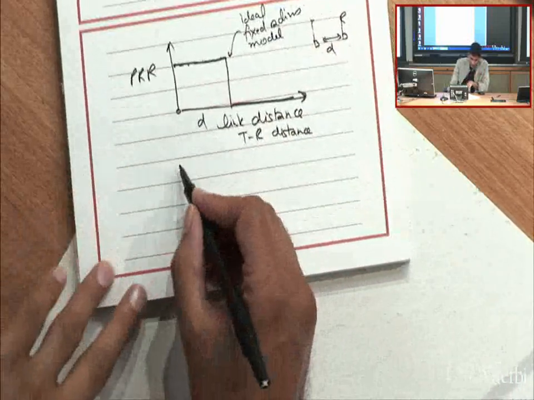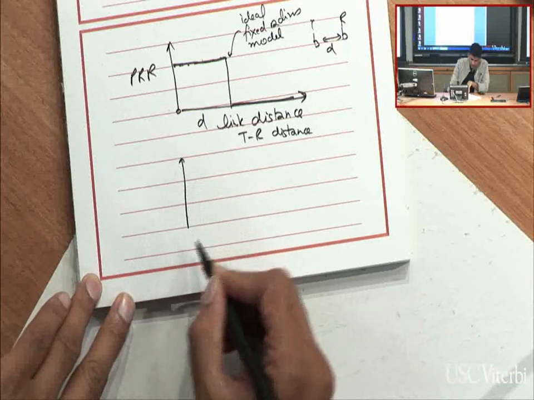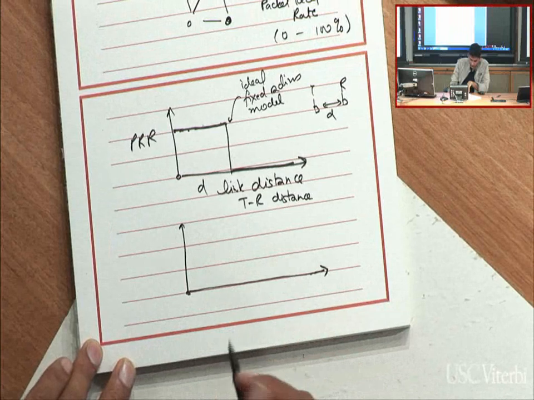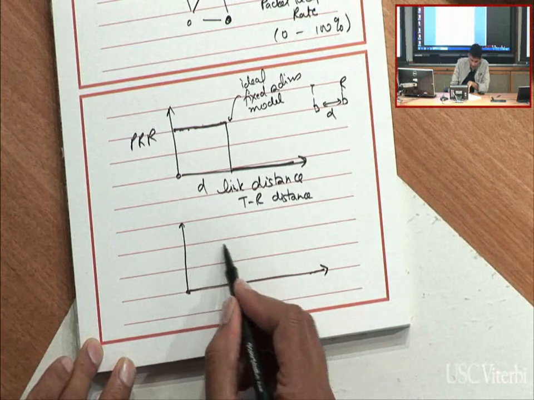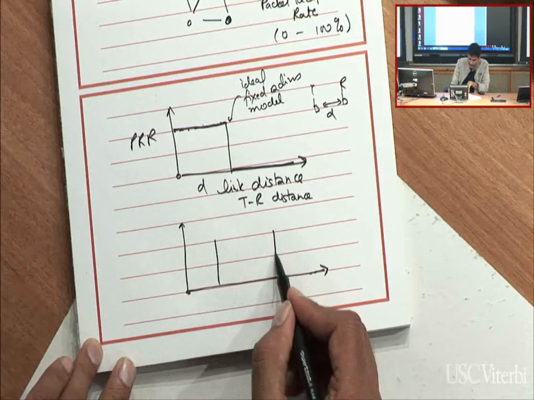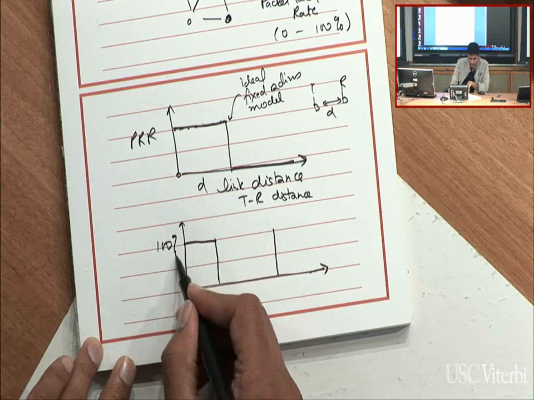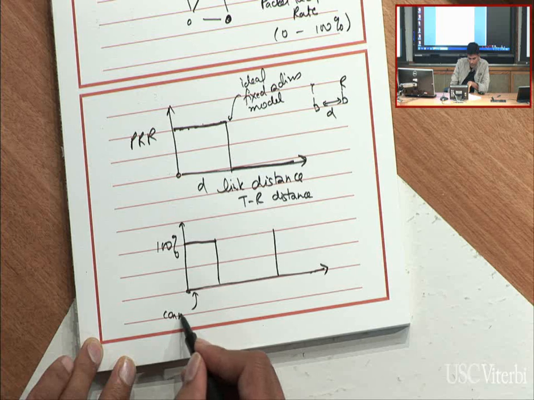But if you observe empirically what it ends up looking like, we really see distinctly 3 different regions. In the first region, the link is indeed close to 100%, and we call this the connected region.